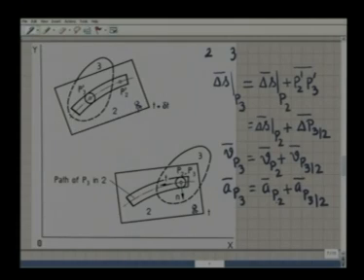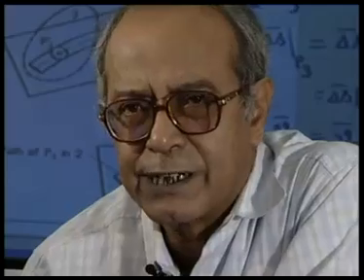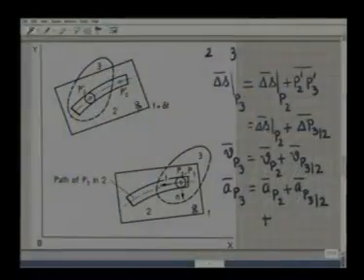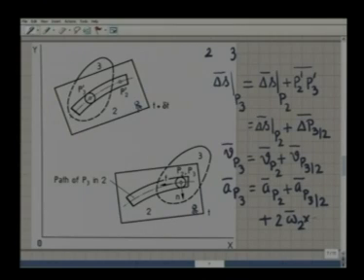However, this is wrong. This is not correct. In fact, we get another term, which is twice omega 2 cross Vp3 stroke 2.